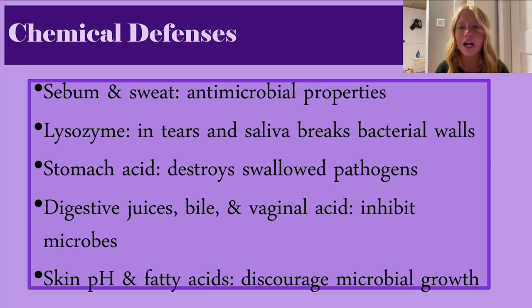And the gastrointestinal and reproductive tracts rely heavily on chemical defenses. So the stomach's acid is very potent and kills most swallowed microbes, but then there's also bile and vaginal acidity that help prevent microbial overgrowth.